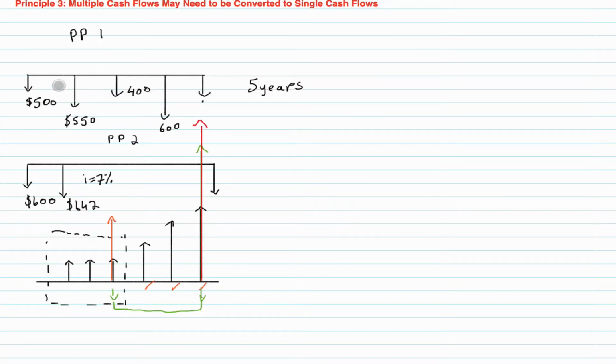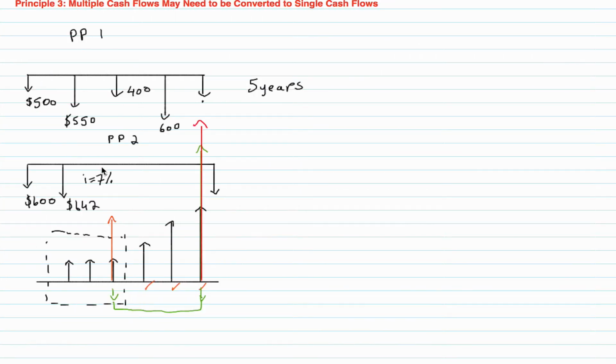Just to review, the reason multiple cash flows may need to be converted to single cash flows is because we will see patterns in our cash flow where we would take them in chunks and calculate them into their individual one cash flow, and then we would take those individual cash flows of that pattern and convert those into one. And it could be at this point or this point, at any period in our timeline.